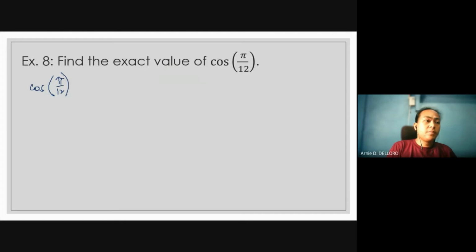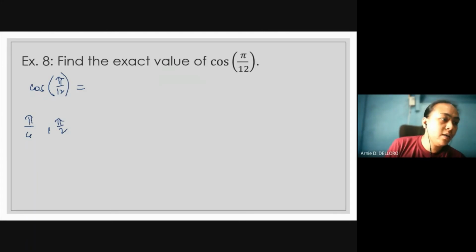So let us determine, ano ba yung mga special angles na ang magiging result ay pi over 12. Okay? So we have pi over 6 at pi over 2. Okay? Kasi di ba? Tama. Pi over 12 and pi over 2.